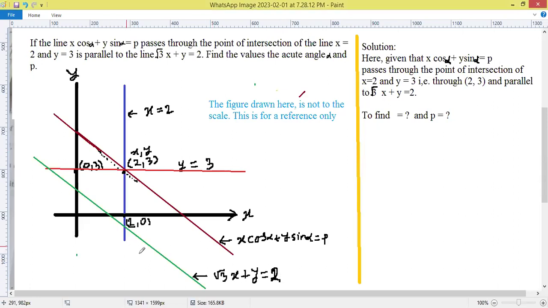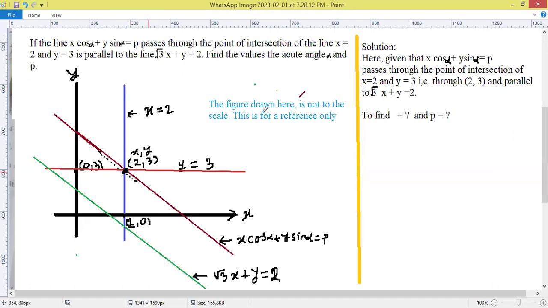The question says that this line is parallel to the line root 3 x plus y equals 2, and it also passes through the point of intersection of the lines x equals 2 and y equals 3. So this is the point here. That means the line x cos alpha plus y sin alpha passes through the point 2, 3.